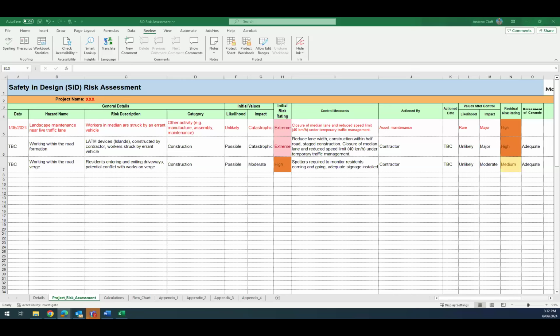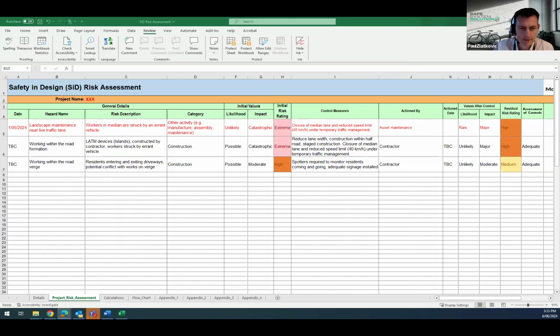I'm not sure how much you could dive into the plans. There's a lot of drainage. I guess the project is LATM and stormwater, so there'd be some excavation and some open trenches at some point. That's a good one, because I was thinking of residents coming and going, crossing the verge, with potentially some open trenching there. So managing that risk could fall under that category.